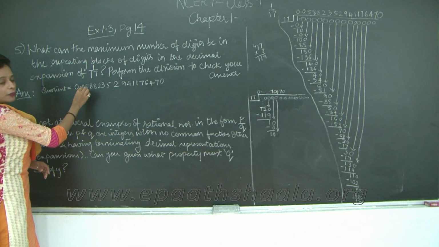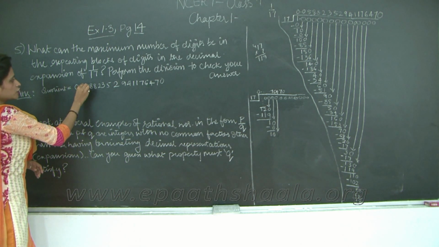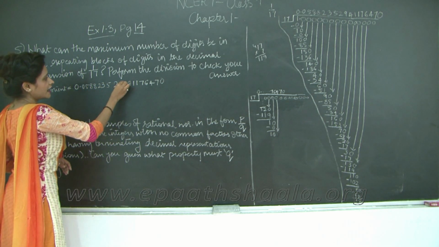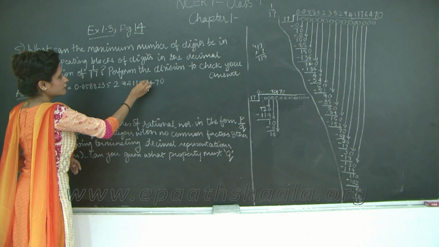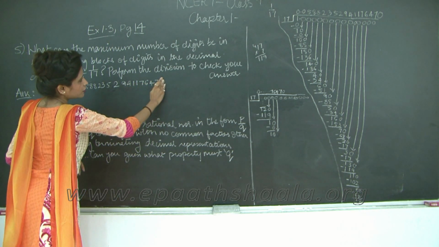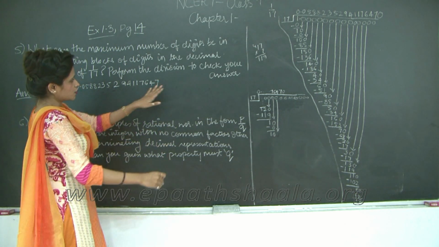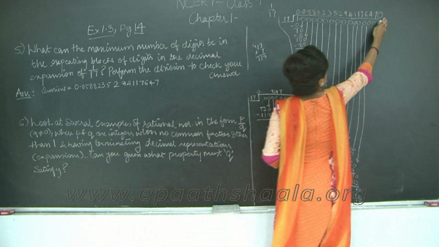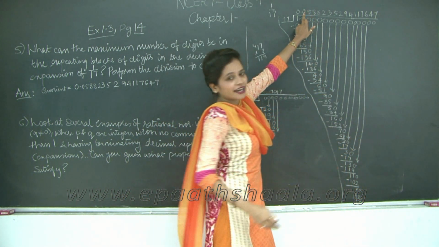So let us count the number of digits that we've got. 1, 2, 3, 4, 5, 6, 7, 8, 9, 10, 11, 12, 13, 14, 15, 16, and I do not have to take this 0 because it was the repeating pattern. Why not this 0? Because I already have my 0 over here.